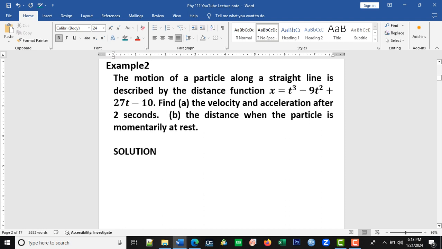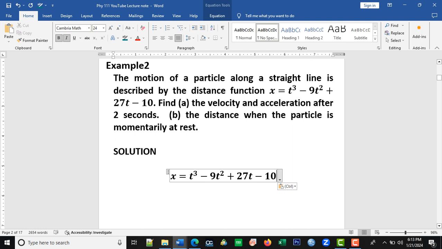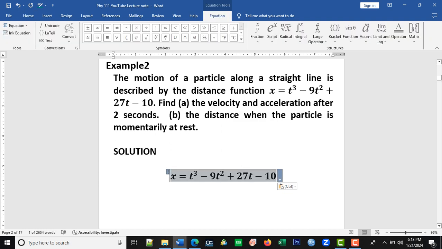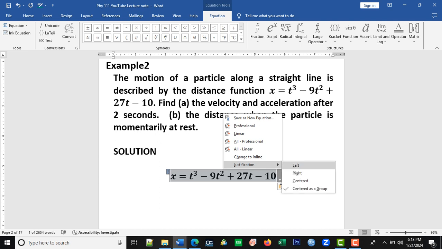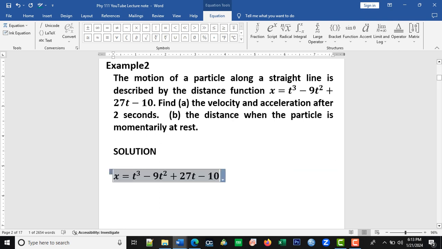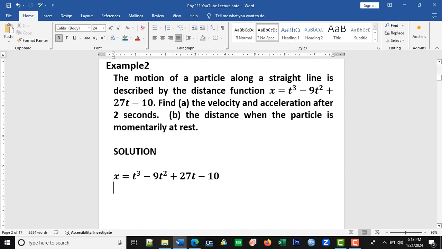Assuming we have the particle to be x equals to this. Okay, so for us to get the velocity means we have to find the derivative of this function.